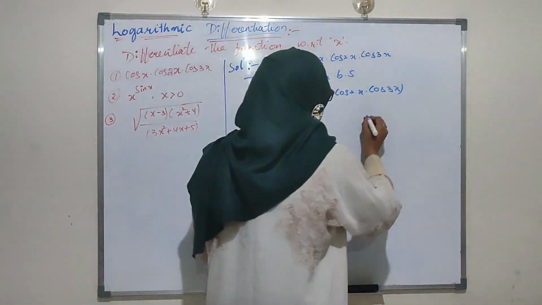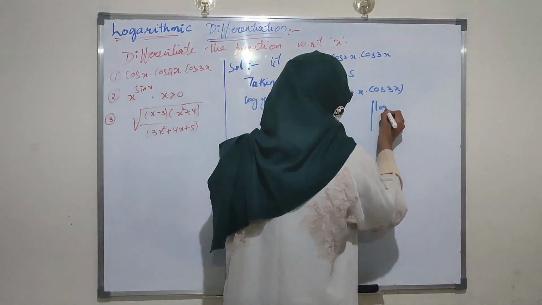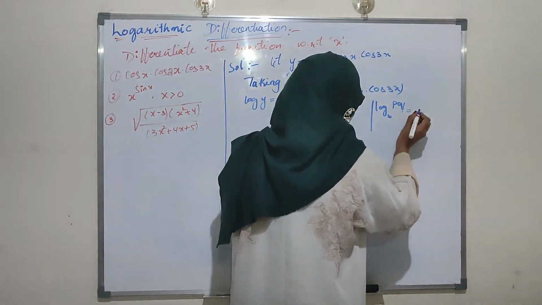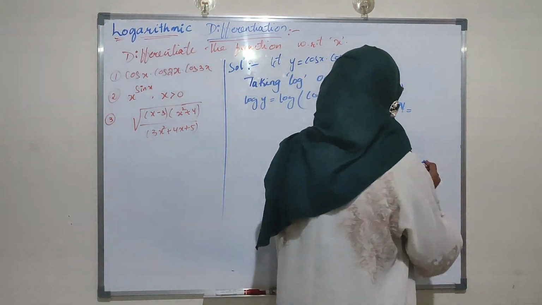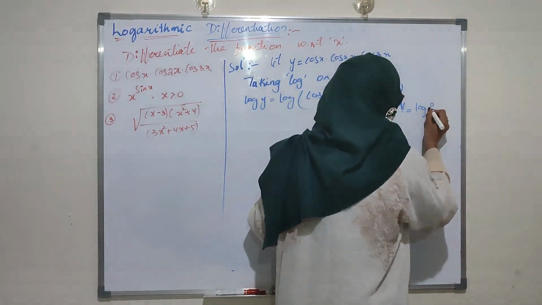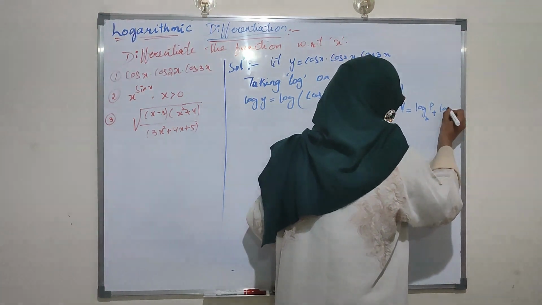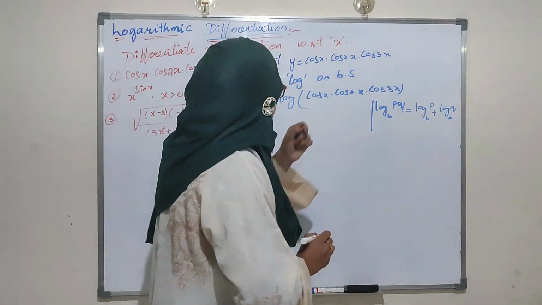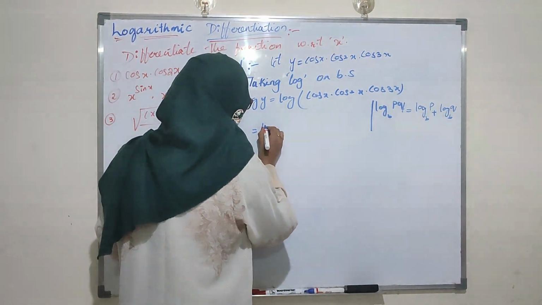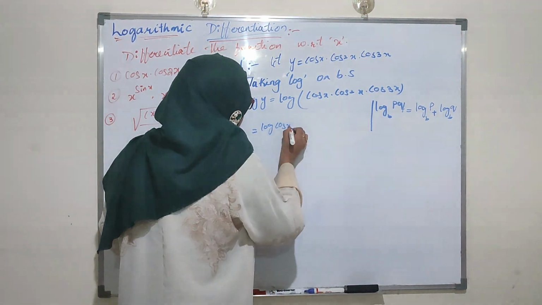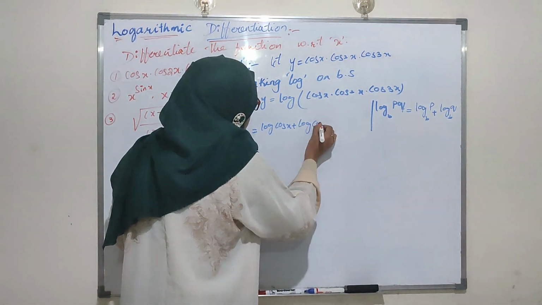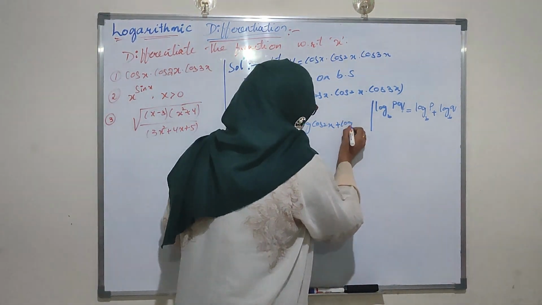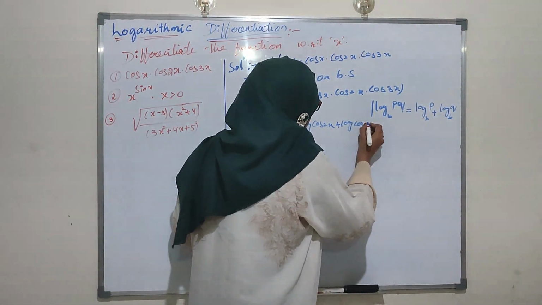We know one property of log: log of PQ to the base b, if p and q are in the form of multiplication, we can write log p to the base b plus log q. The same property we apply here, then it becomes log of cos x plus log of cos 2x plus log of cos 3x.